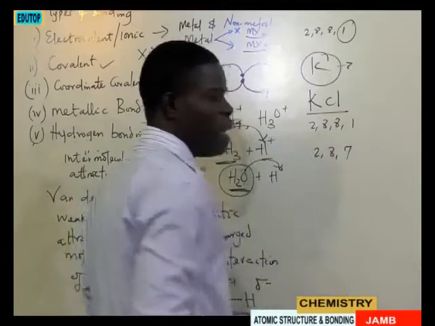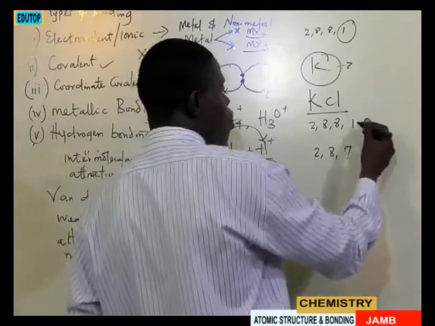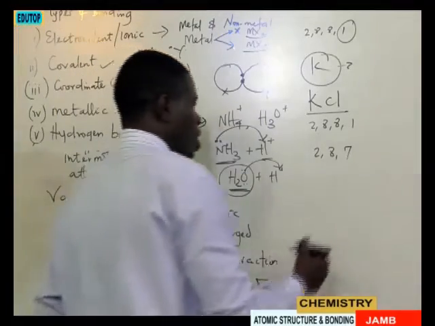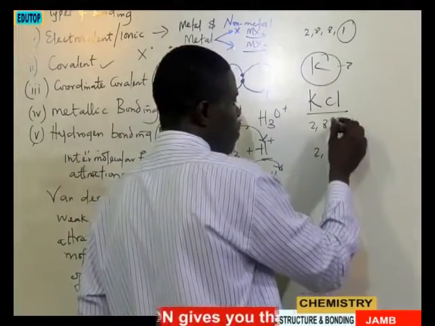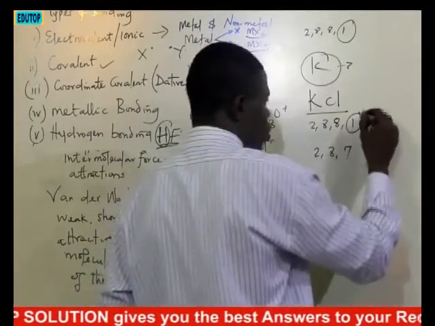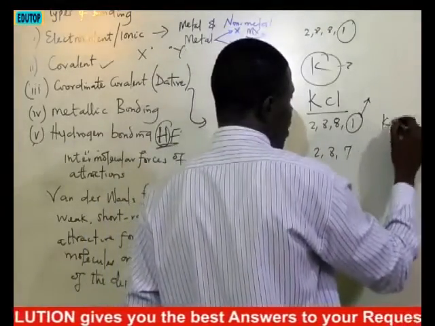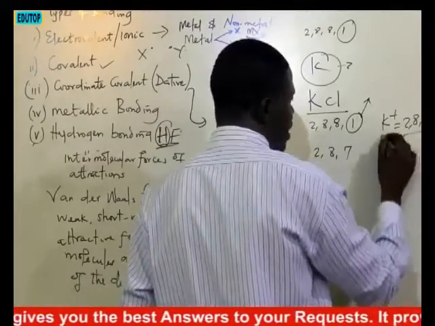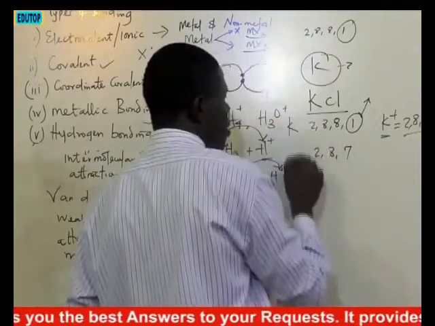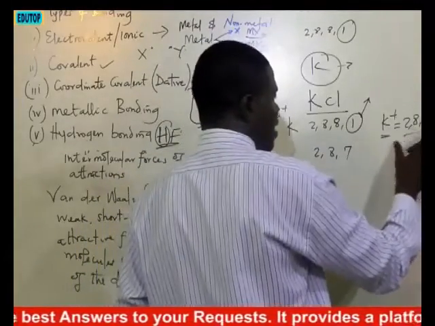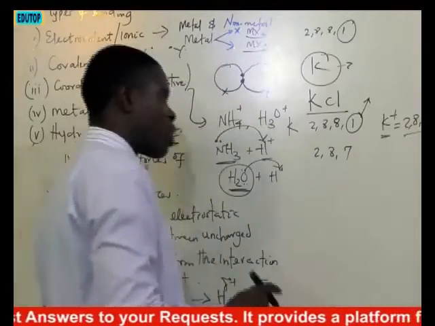Potassium is working towards stability, and you can only be stable at a duplet state or an octet state. So potassium will prefer to lose this electron so that it becomes K plus, and K plus is 2,8,8. Now it is stable. K plus is more stable than K, because at this state it has attained the octet state.